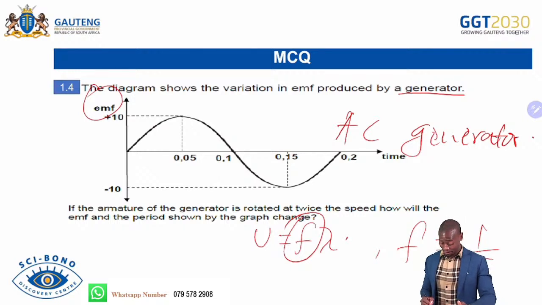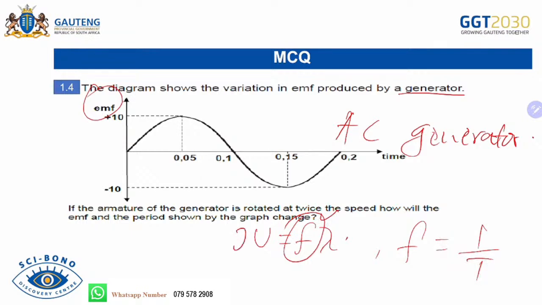All right? So one, we are increasing the speed. So if we increase the speed, what will happen to frequency? Right? If we increase the speed of rotation by a factor of 2, this one, frequency, will also increase by a factor of 2. All right? Then if this has increased by a factor of 2, what about T? T will decrease by that factor, because frequency is inversely proportional to period, right?